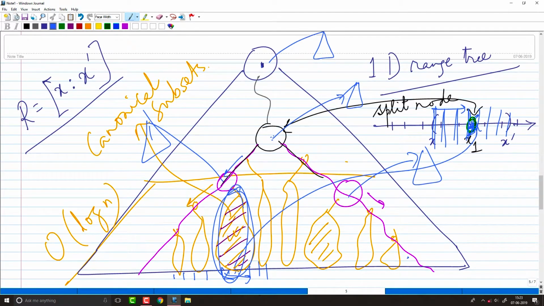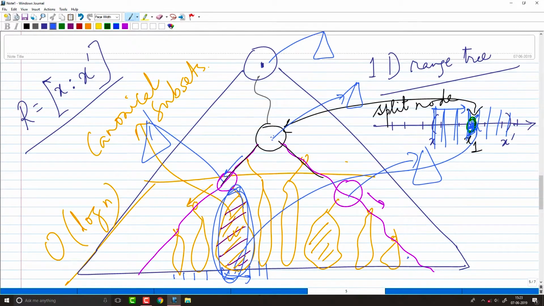As many as canonical subsets. How many of them are there? Order log n, right. Your number of canonical subsets can be log n. So, whenever you encounter a canonical subset and in your 1D range search you are reporting a range, there instead of reporting the range, go to that associated structure and initiate a Y search there.